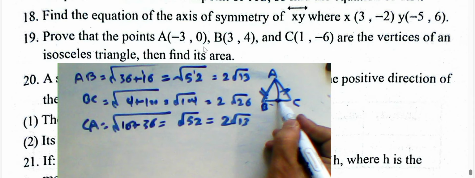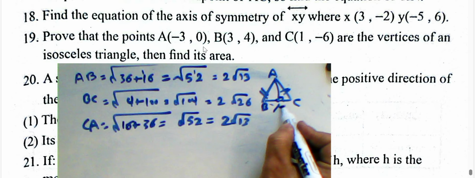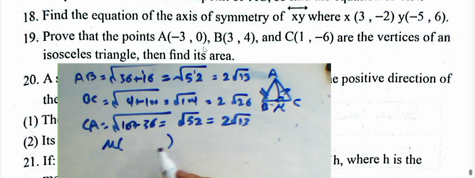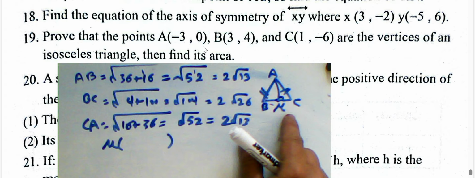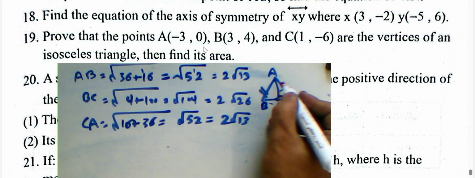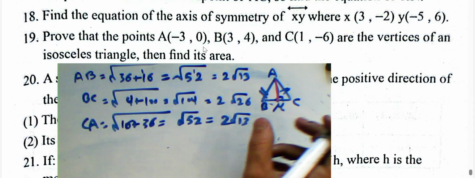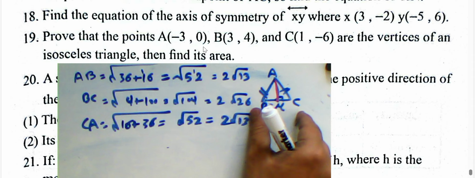Because I want to find the area of this triangle, we have base BC. We write the midpoint between points B and C. Why? Because we want to find the length of the height AM; I want the height of the triangle because we want the area: half times the base times the height.